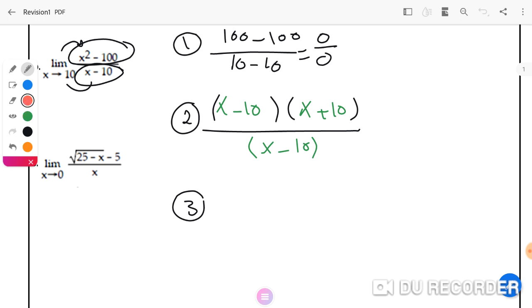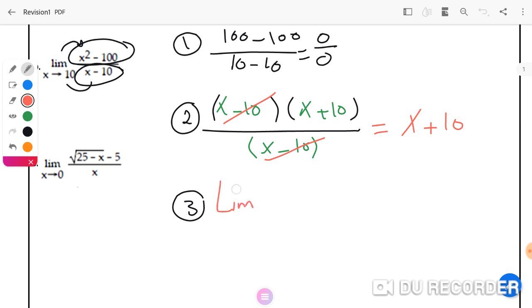It is already in the simplest form. Now, as you know, I have to cancel the factor which appears in the numerator and denominator, and which makes the denominator 0. If you replace x, 10 minus 10, it will be 0. I cancel the factor which makes the denominator 0. So the redefined function will be x plus 10.